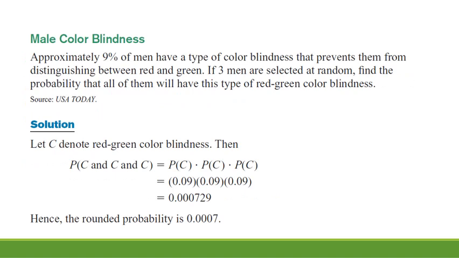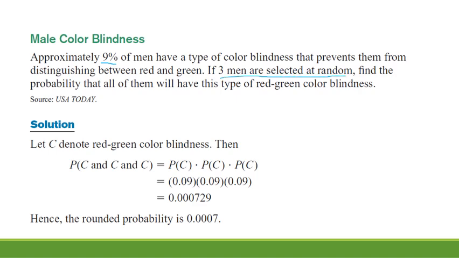Another one. Approximately 9% of men have a type of color blindness that prevents them from distinguishing between red and green. If 3 men are selected at random, find the probability that all of them will have this type of red-green color blindness. Take note, this is in percentage, 9%, and 3 men are selected at random.